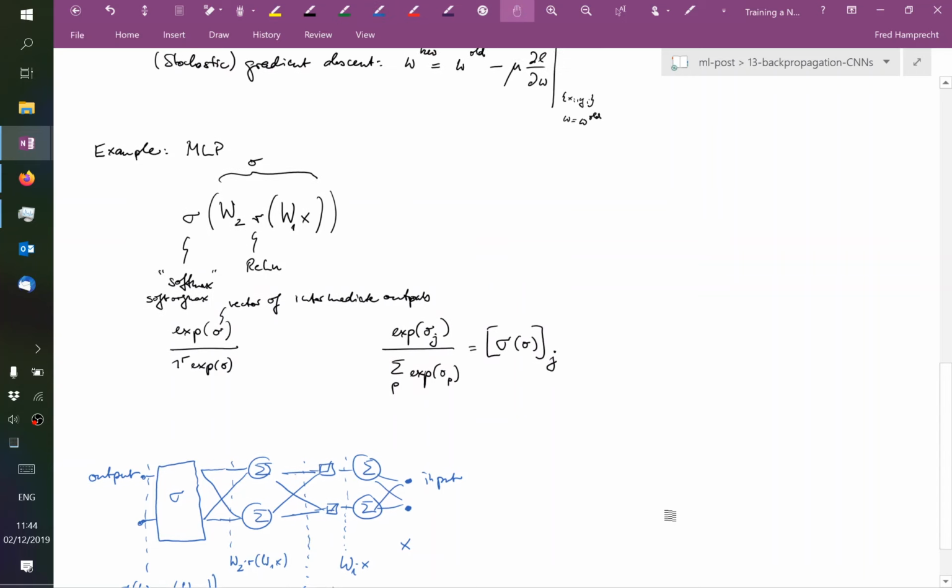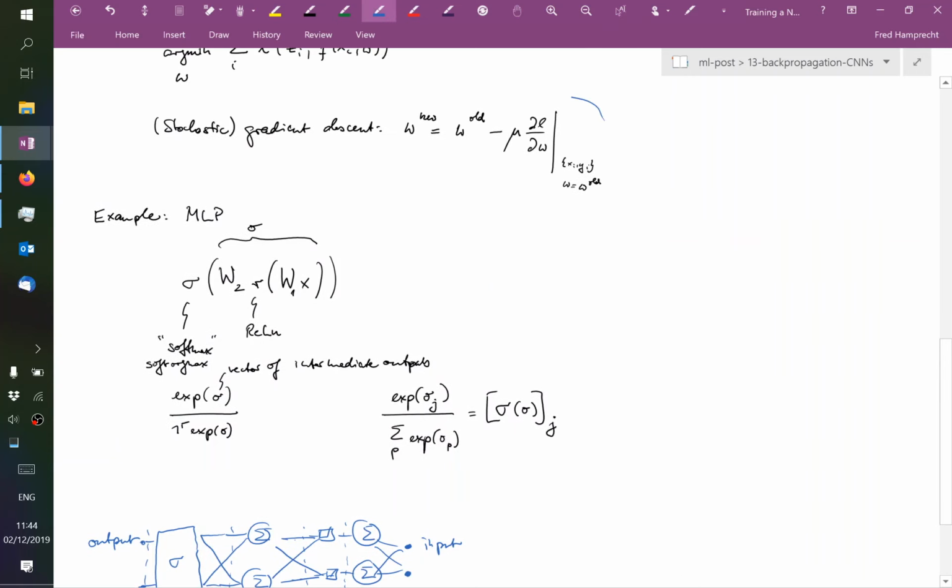And now to do gradient descent, we wanted to find the derivative of this loss function with respect to the parameters. So if I want to write the loss function, I can further say that there's an L here for loss function, and then I would have the true output associated with that input, and then the output of the neural network.